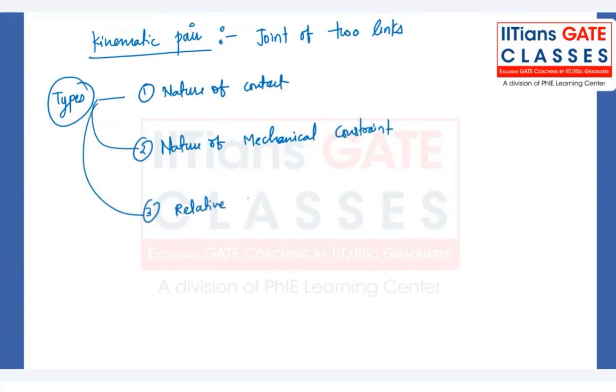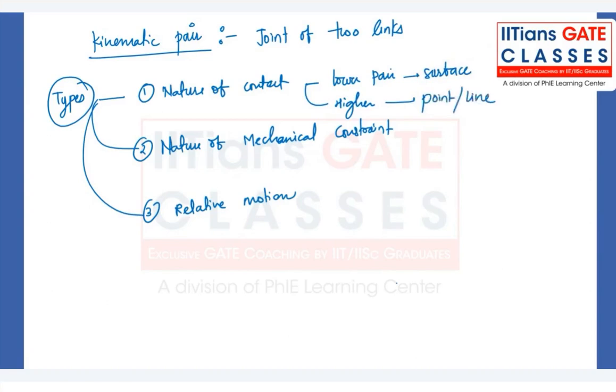So first, depending on the type of contact, we can have either a lower pair or a higher pair. What are lower and higher pairs? Whenever we have surface contact between two members or two links, we say it is a lower pair. And whenever we have point or line contact, then we say it is a higher pair.